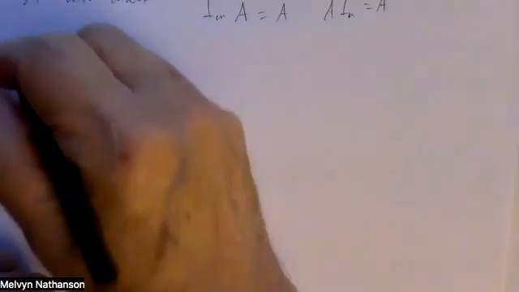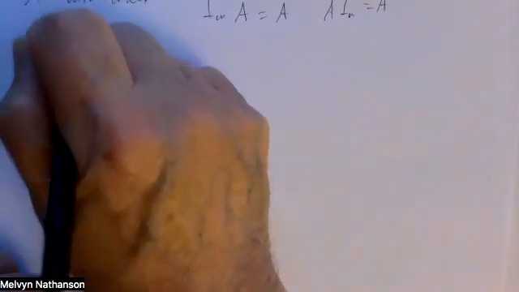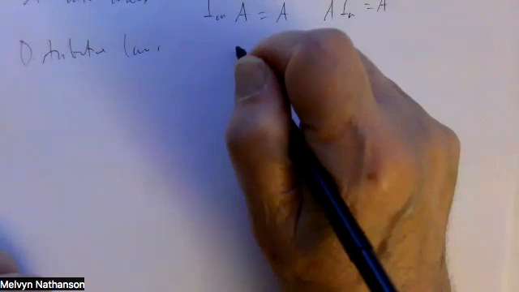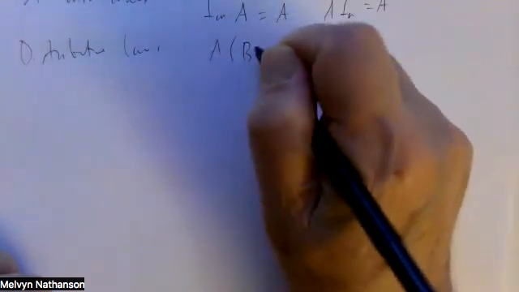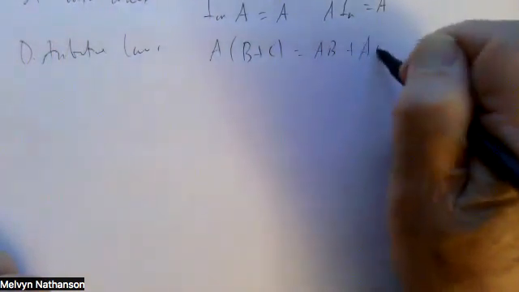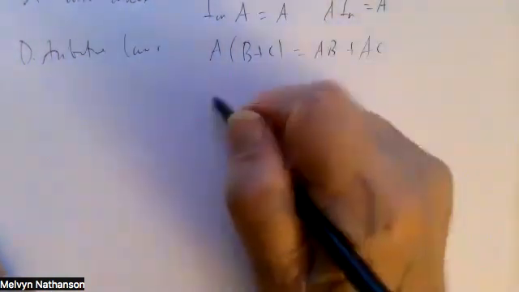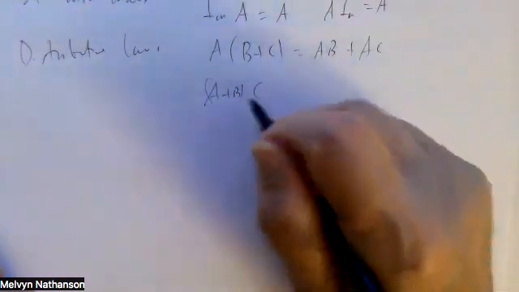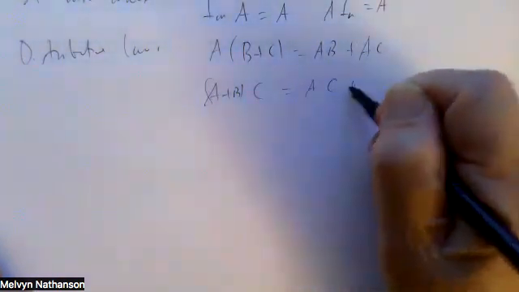We also have distributive laws. If I take A times the sum of two matrices, this is A times B plus A times C. And in the opposite way also, because matrix multiplication is not commutative, A plus B times C is always AC plus BC.